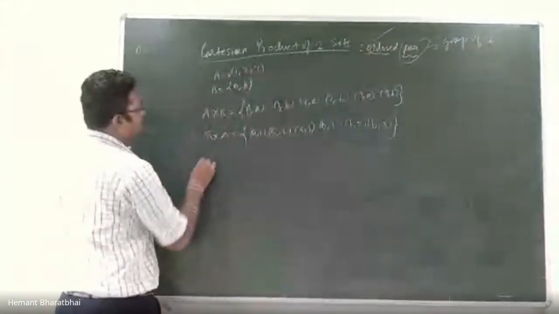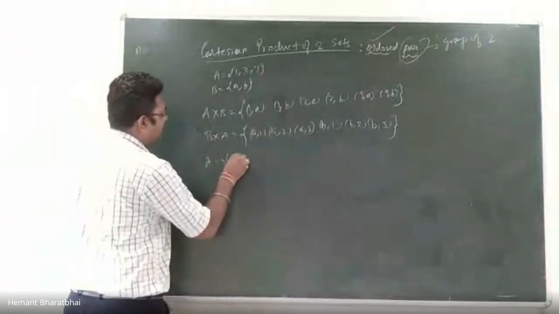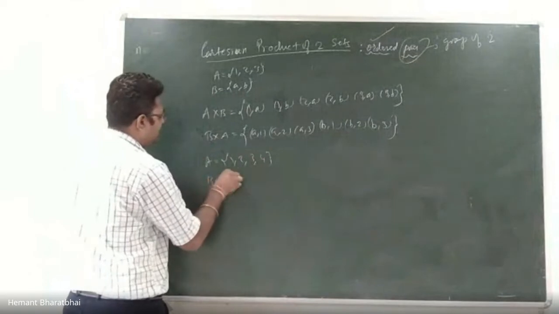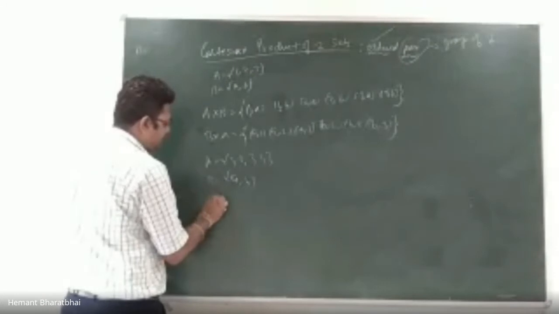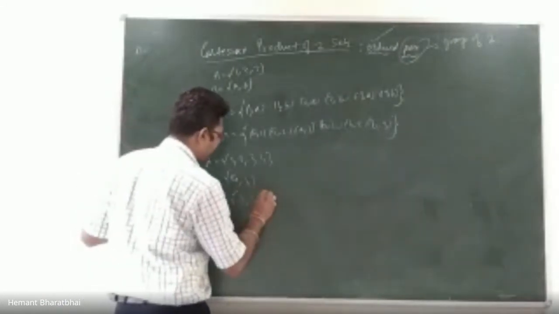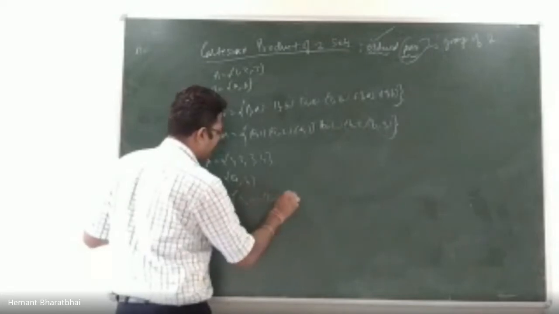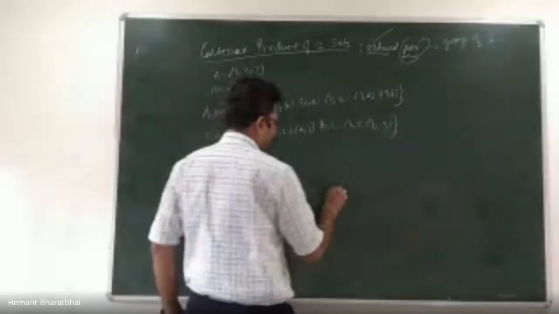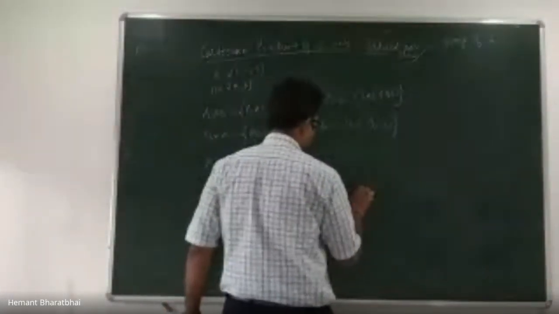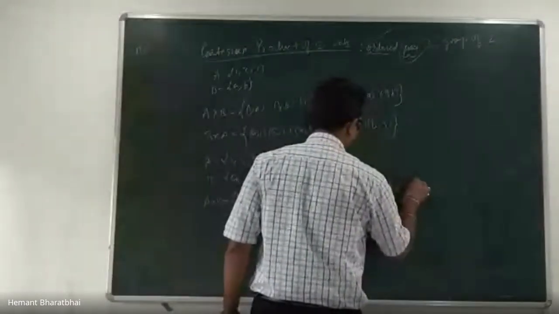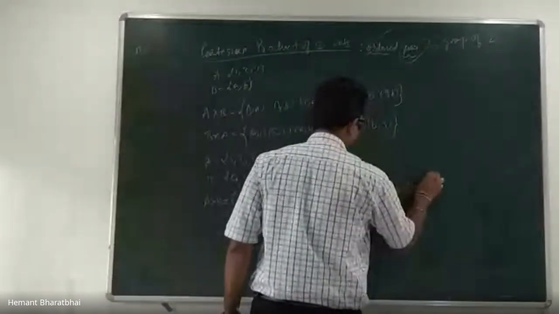Let me write one more example. Suppose I have 1, 2, 3, 4. And here I have A and B. The Cartesian product, that is A cross B, will be 1A, 2A, 3A, 4A, then 1B, 2B, 3B, and 4B.